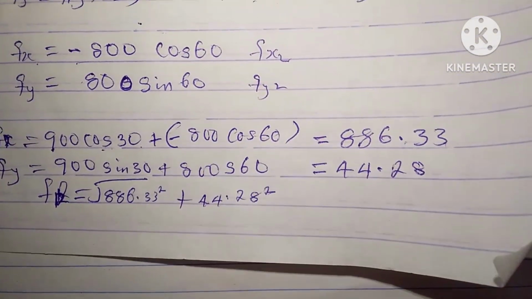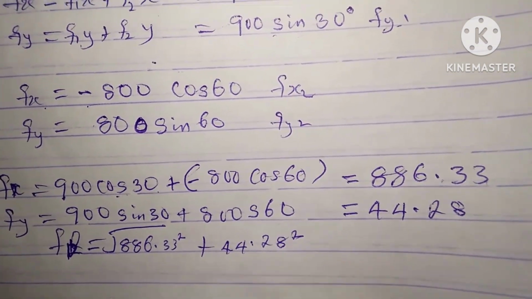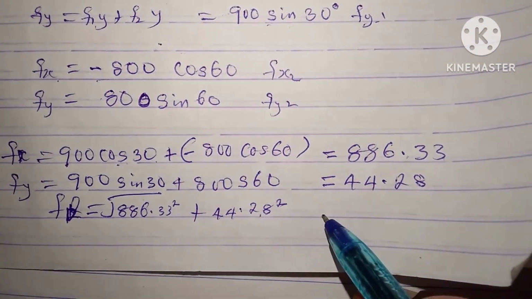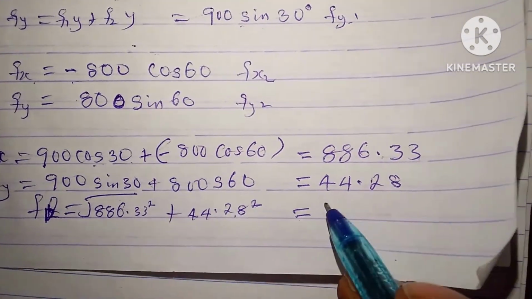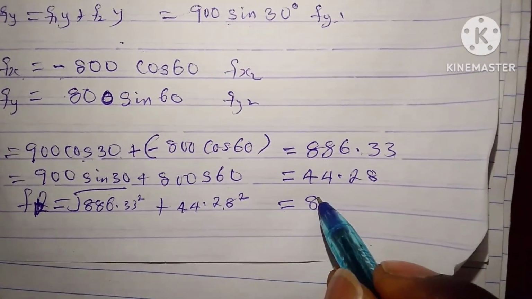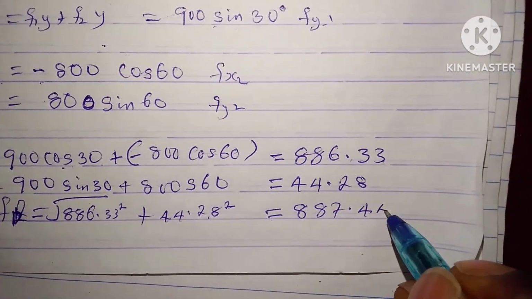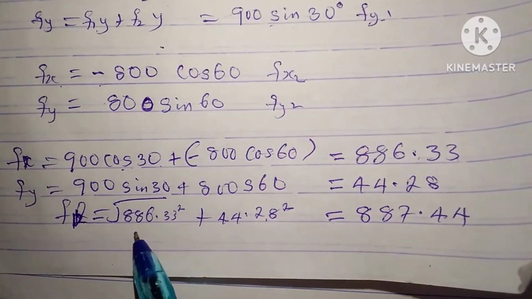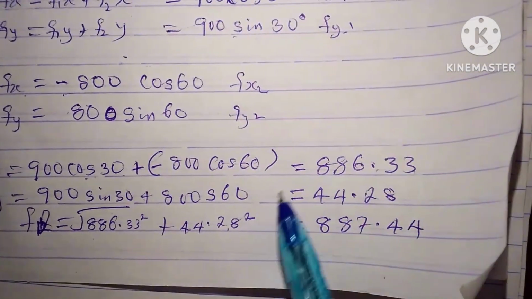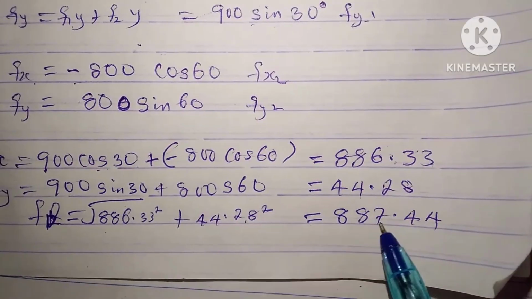If you punch your calculator on this one, you are going to have 887.44.